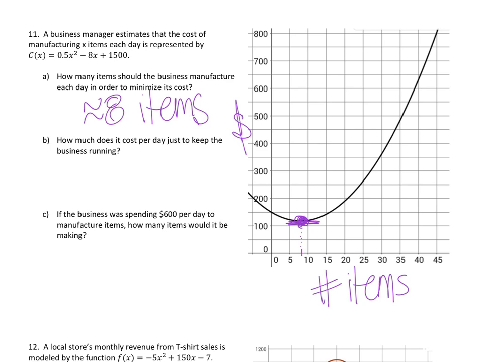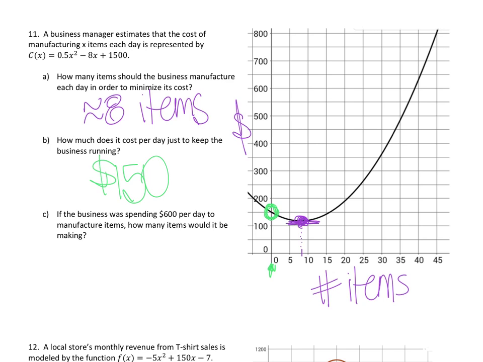How much does it cost per day just to keep the business running? So if they make 0 items a day, how much does that cost? Well, here's 0 right there. So we need to look up here at the y-intercept, and it's halfway between 100 and 200. So it's going to cost this company $150 to make nothing.